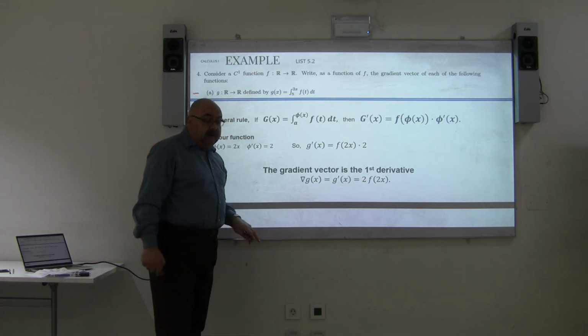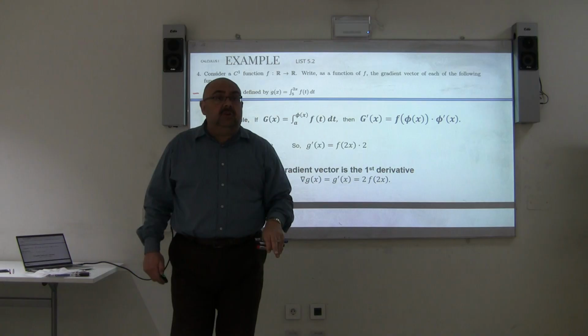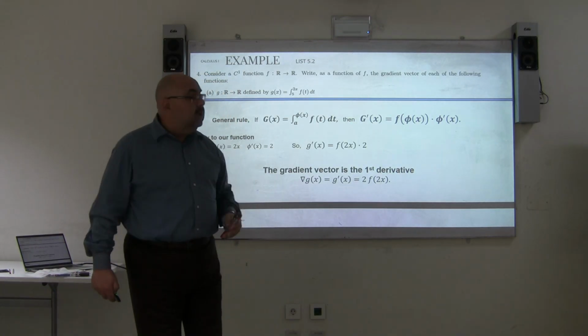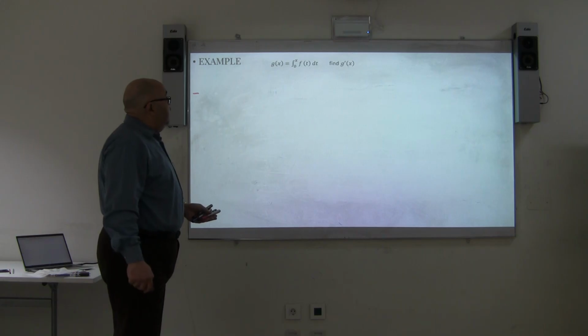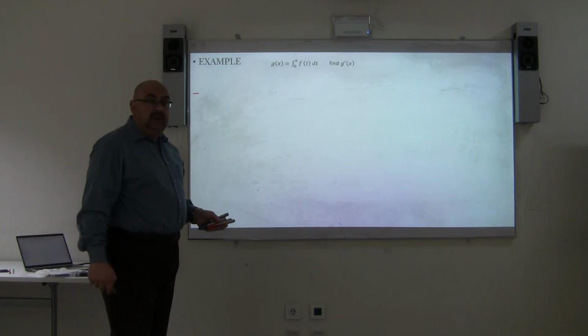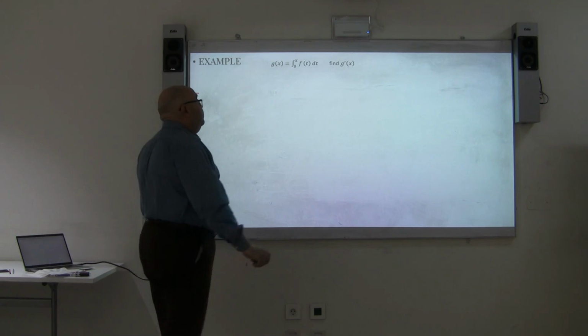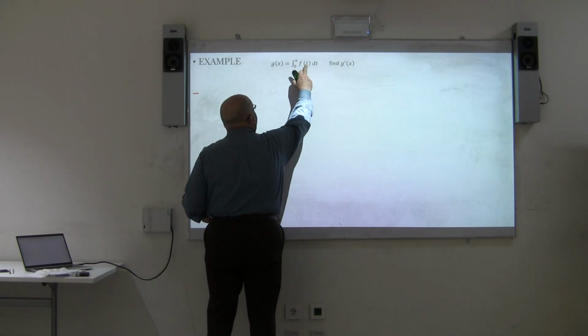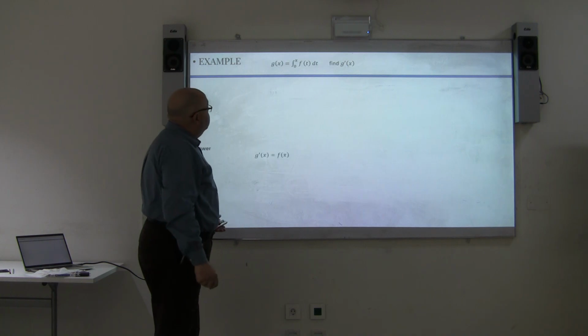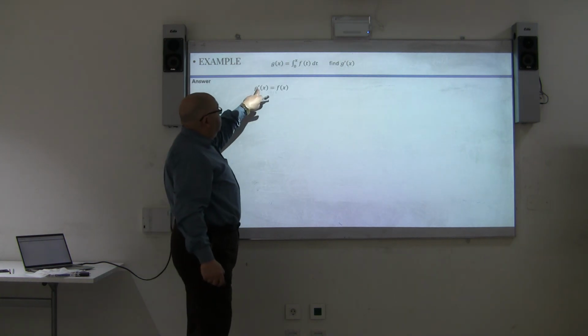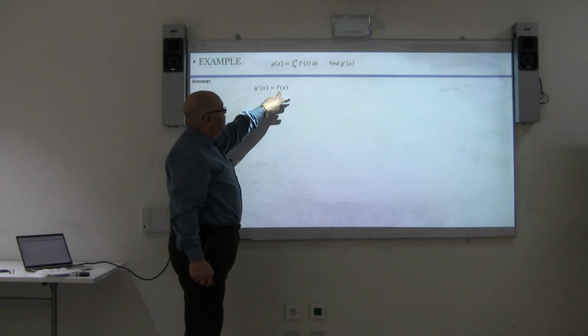I believe I've put plenty of problems in order to make it easier for you. For this problem, for example, if I want to find g dash of x, it's going to be f of x times 1, because the derivative of x is equal to 1. So once more, g dash of x is going to equal f of x directly.